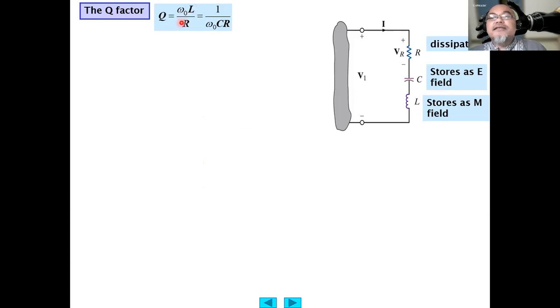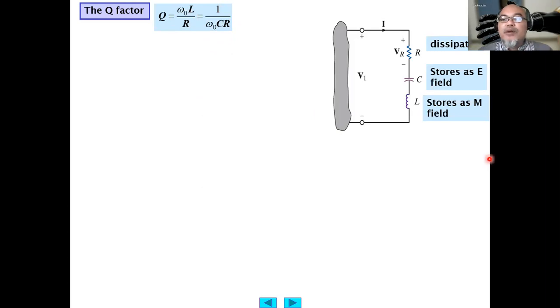Basically, it is the ratio between the reactance of each passive component compared to the resistance: the reactance of the inductance, omega 0 L, divided by the resistance, or the reactance of the capacitance, 1 over omega 0 C, divided by the resistance.